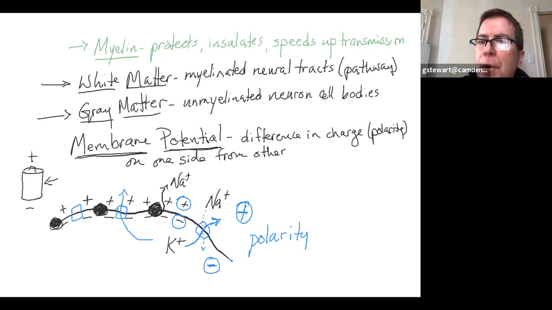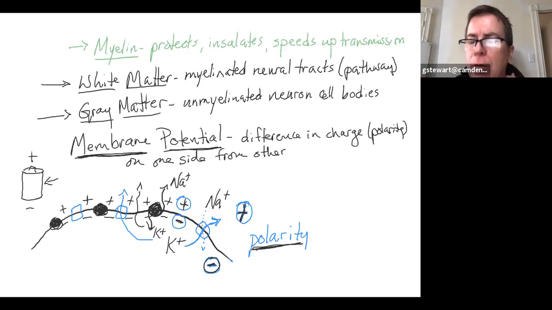It does pump potassium ions in, but then they quickly leak out as well. So I want you to get used to the word polarity. That means opposite charge, positive out, negative in. Membrane potential also means we've created along the membrane of the cell the potential for this cell to store energy and do work by making it polar. The membrane is polar.